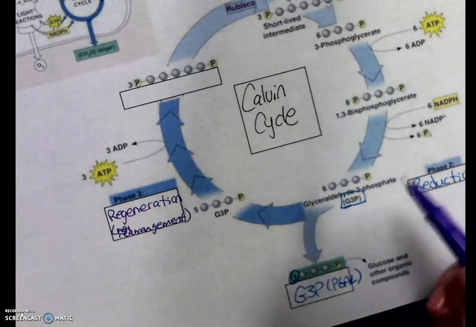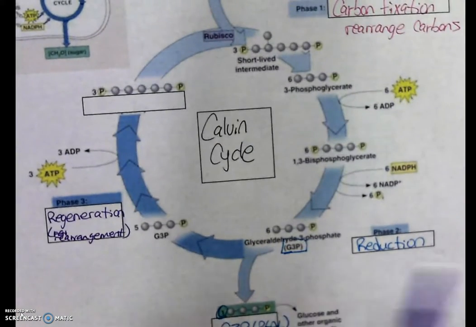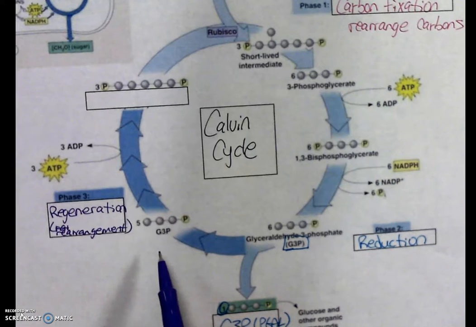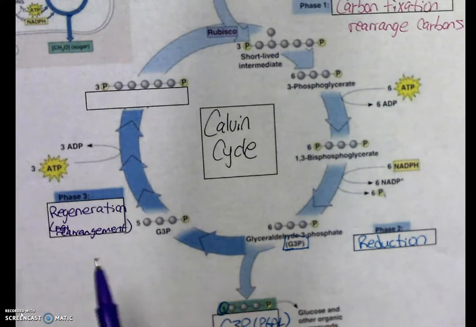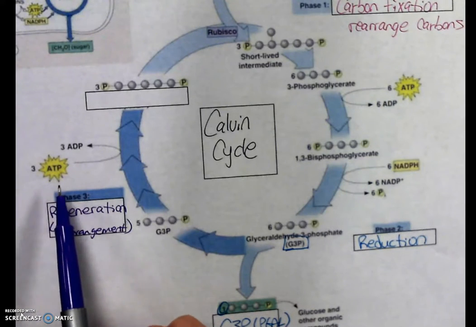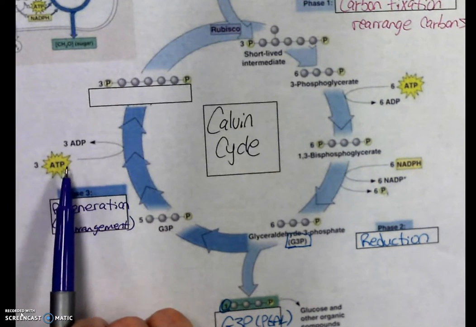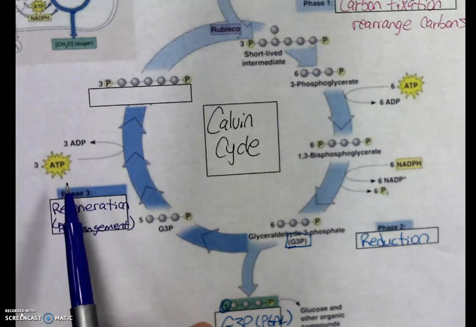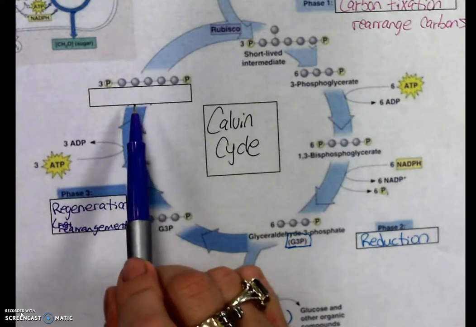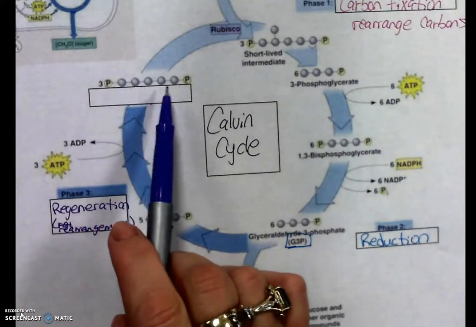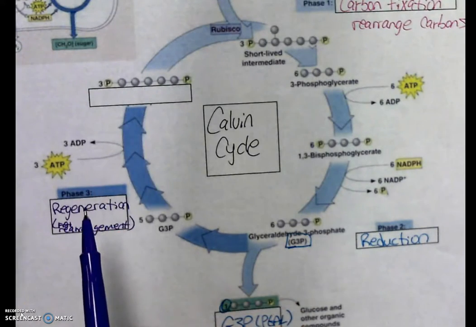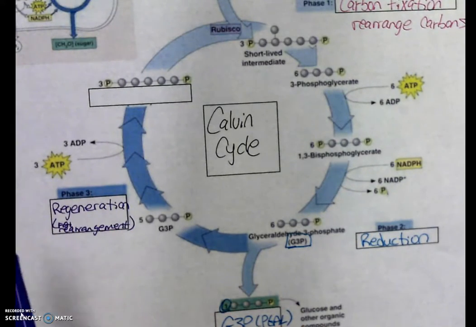And again, it's now taking these 3-carbon G3P molecules, rearranging them with the help of energy from ATP, more of the ATP that was made in the light reaction, using that to make those now 1, 2, 3, 4, 5 carbon molecules that combine with the CO2 to start this process.